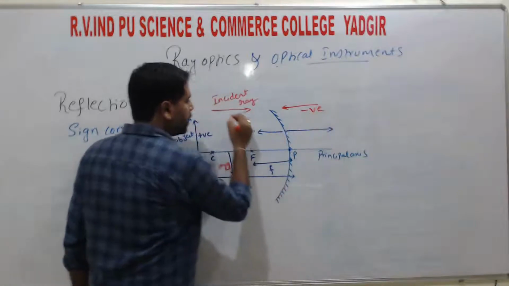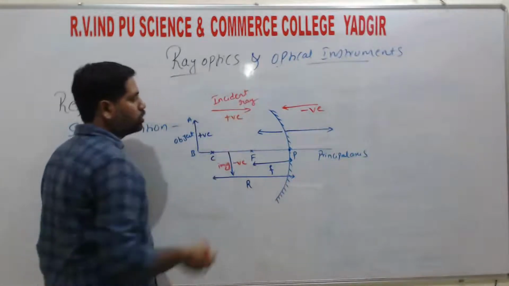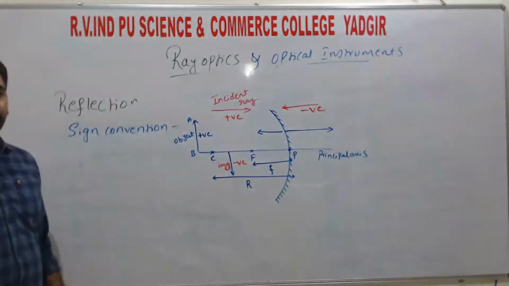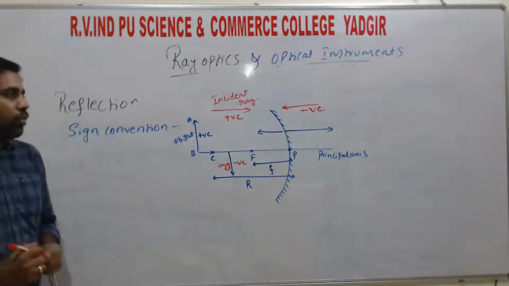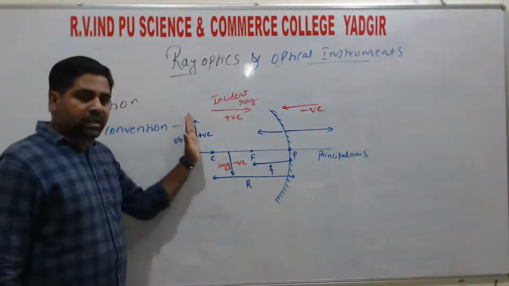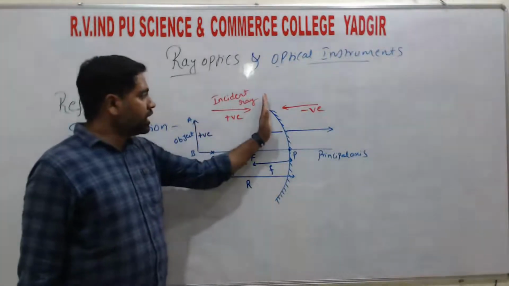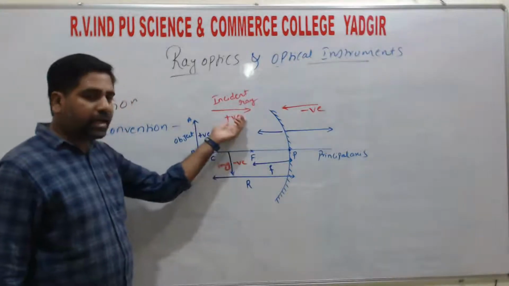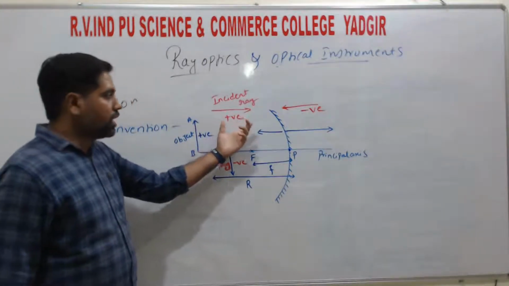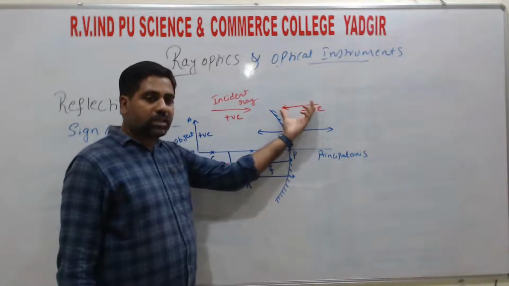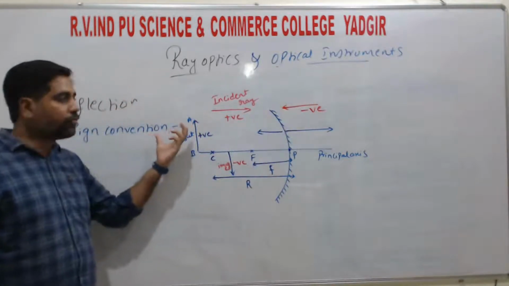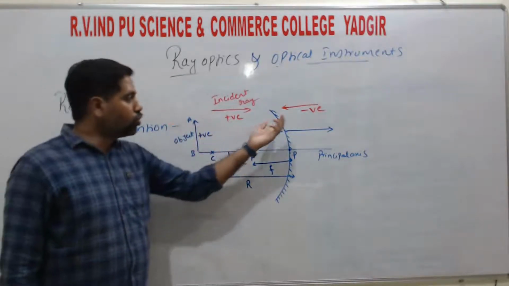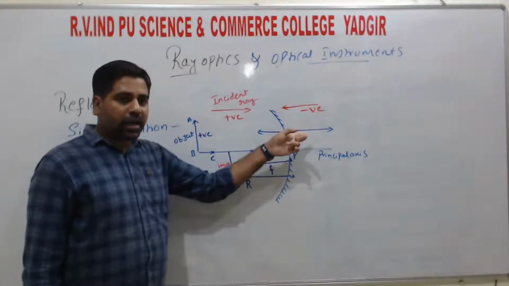So this should be negative and here should be positive, right? Those values should be taken as negative.